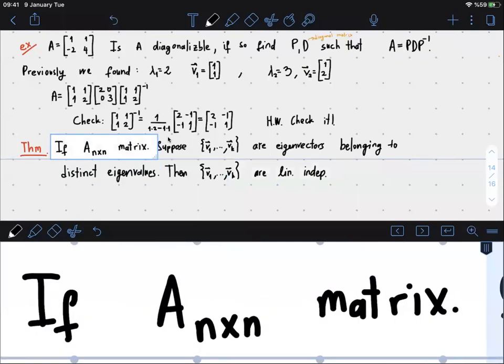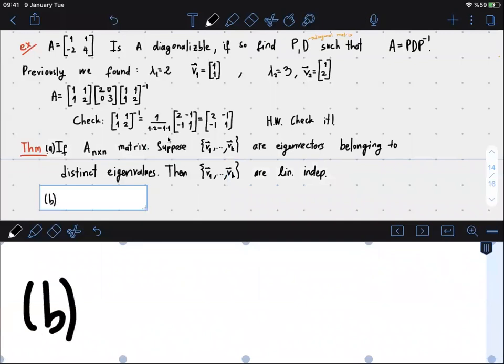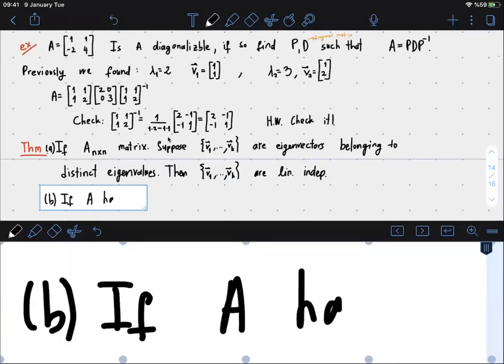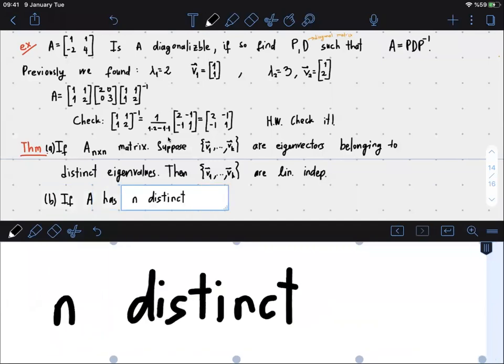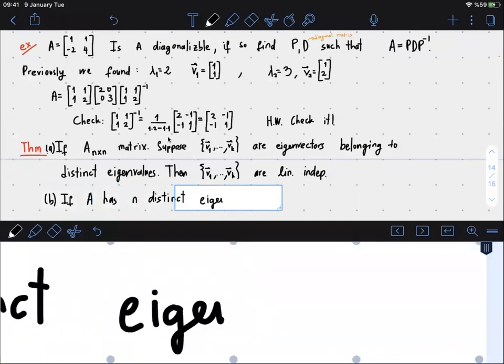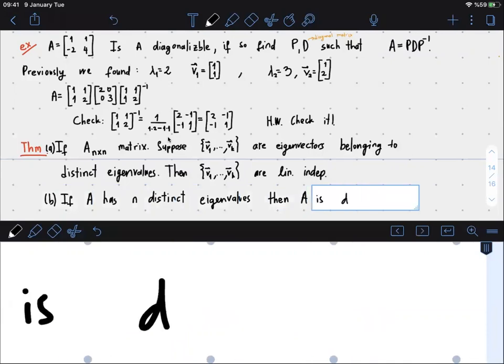This is the first part, part A. The second part is this: if A has n distinct eigenvalues, then A is diagonalizable.